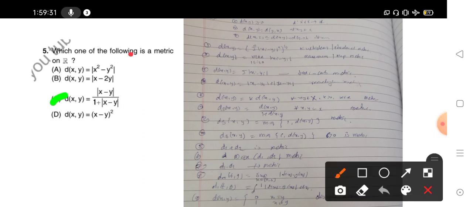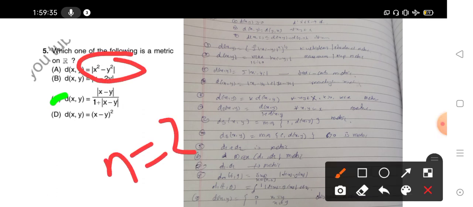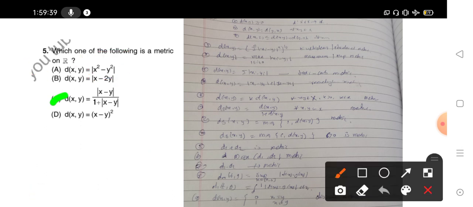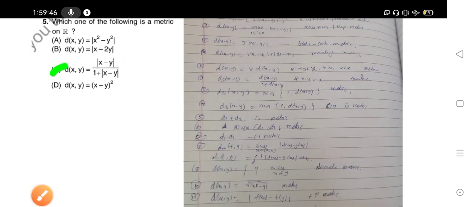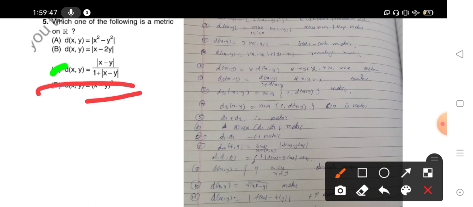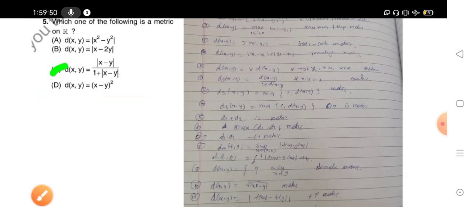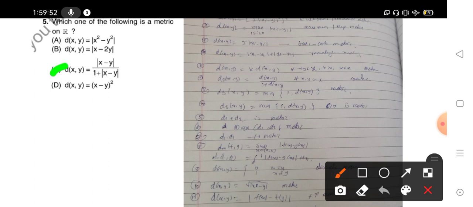In option A, n is 2, that is even, therefore this is not a metric, and the minus option is also not a metric, and x minus y raised to square is also not a metric. Here is one result, d of xy upon 1 plus d of xy is also a metric.